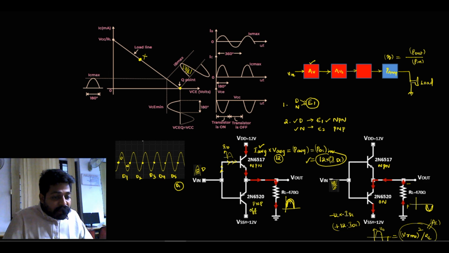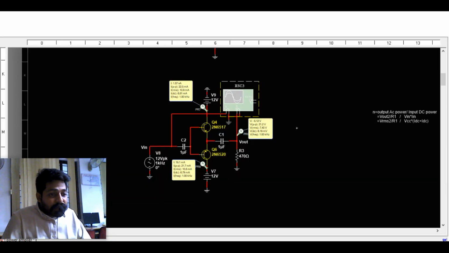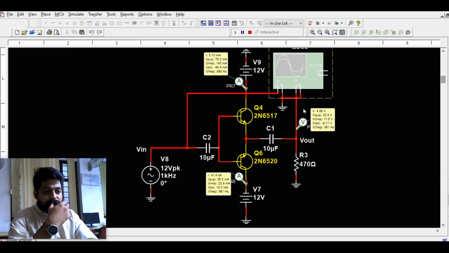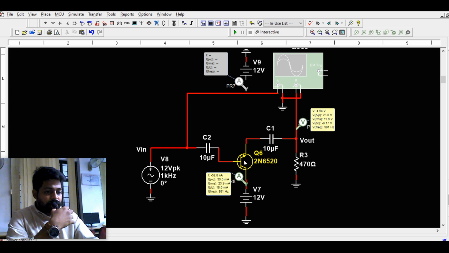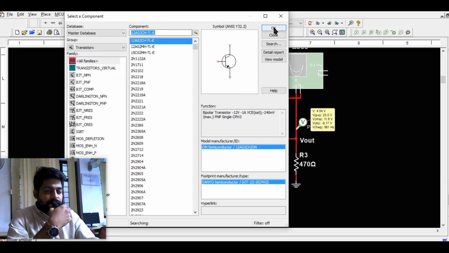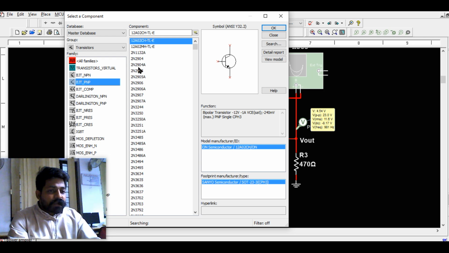So here we have a simulator. We have already connected that circuit diagram as it is. Let us see how we do the calculations.